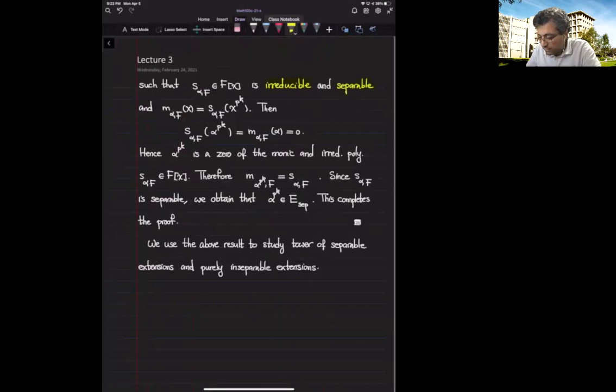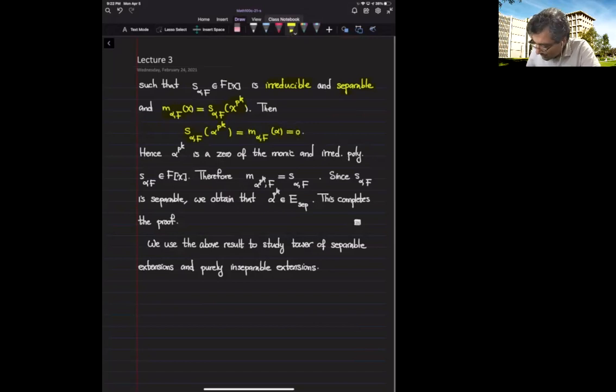And what is the connection with the minimal polynomial? The minimal polynomial is S sub alpha comma F evaluated at x to the power p to the k. Now, if I plug in alpha, I get that S sub alpha evaluated at alpha to the power p to the k is the minimal polynomial of alpha evaluated at alpha, which is 0.